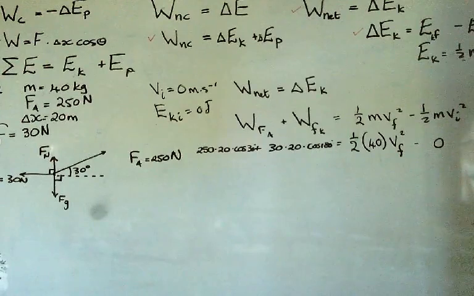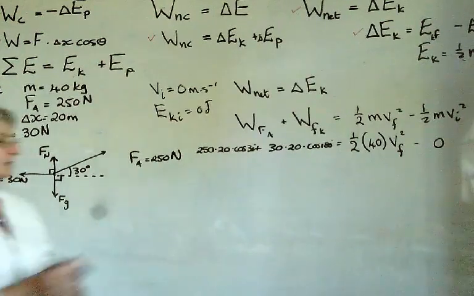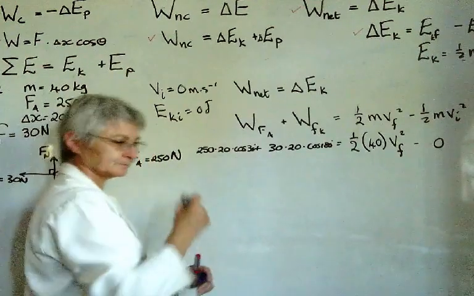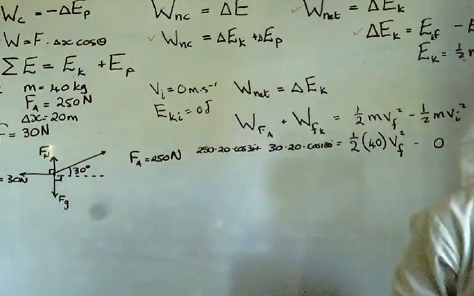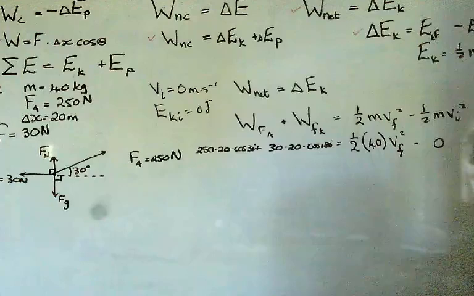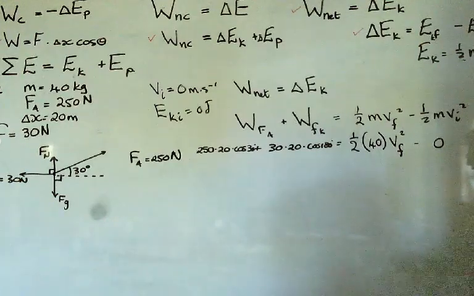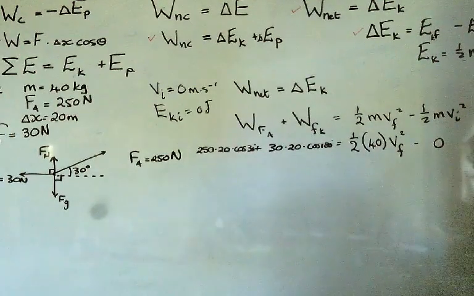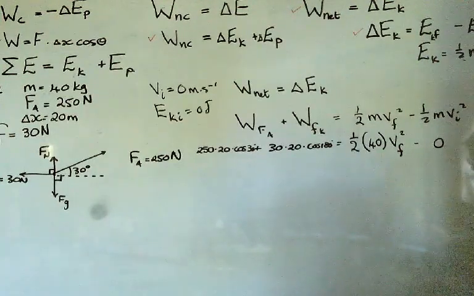So what's this part equal to? What's 250 times 20 cos 30? I'm not using the x component because I'm using cos 30 as the angle between the force and the displacement. I don't have to do components.